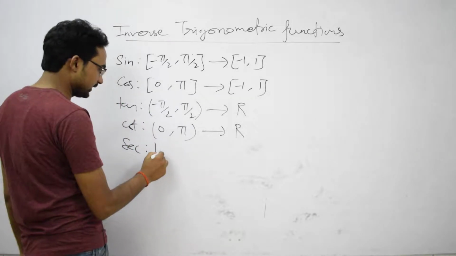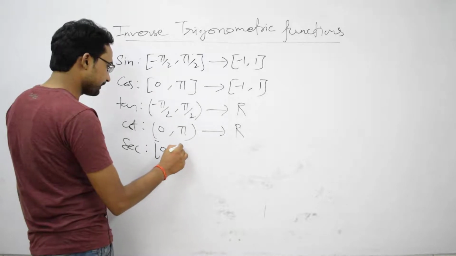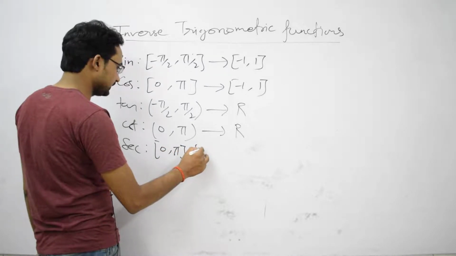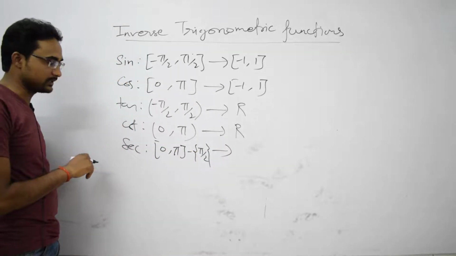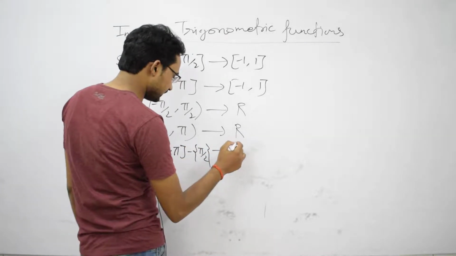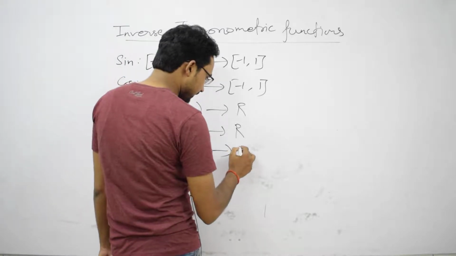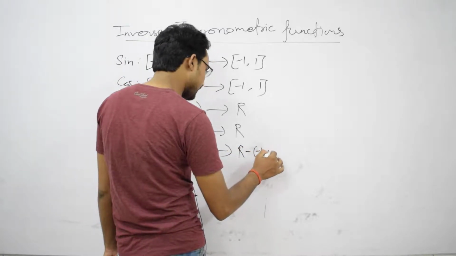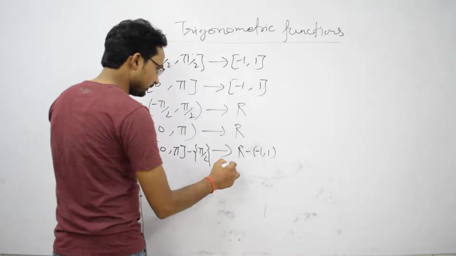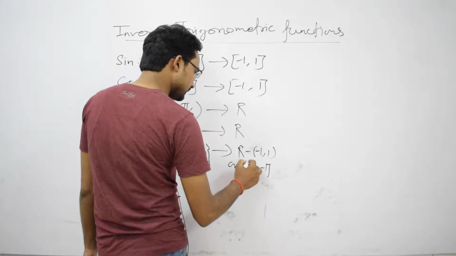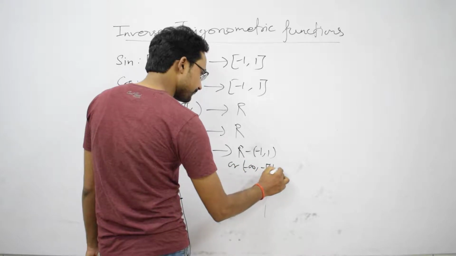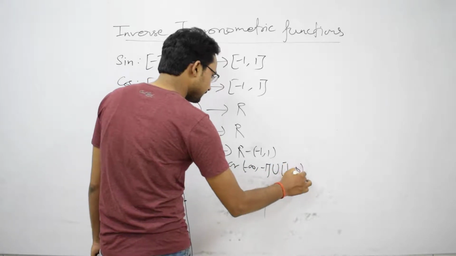So, we have to remove pi by 2 from 0 to pi, where the sec function will exist, and the range will be R minus (minus 1, 1). We can also write it as minus infinity to minus 1, union 1 to infinity.